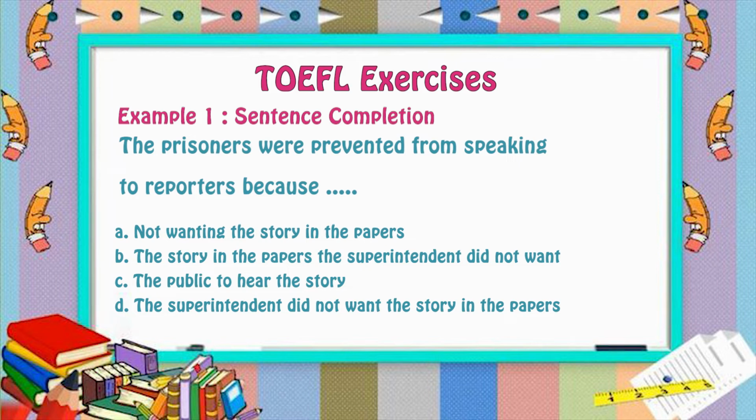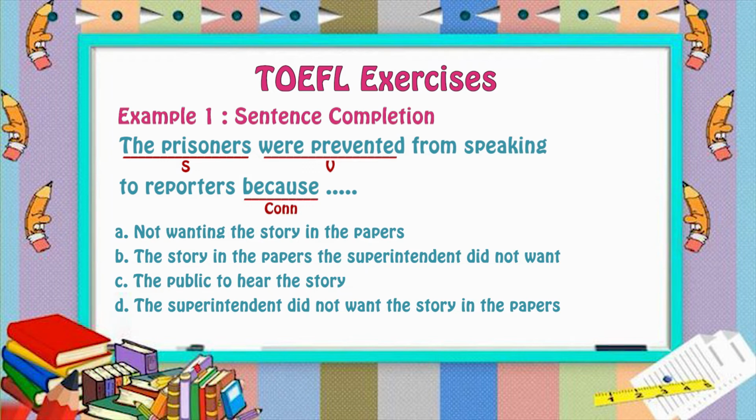We have the subject here, the prisoners, right? And then, do you have the verb? Right, we have were prevented. So we have subject and verb already. Now we have the connector. Yes, because.